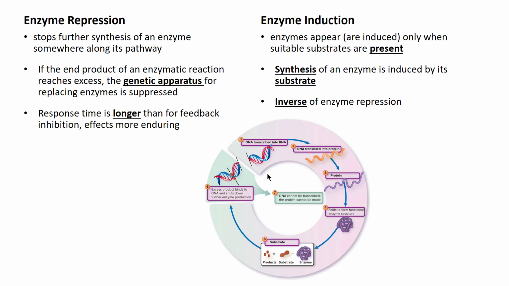And as the name implies, this occurs in terms of repression, for example, at the genetic level, such that the enzyme itself is never produced until it's needed, or turned off once it's no longer needed. So repression is essentially a more fundamental process. Rather than blocking the enzyme itself, you go all the way back to the DNA level where the enzyme is actually produced, and you turn it off at the genetic level.